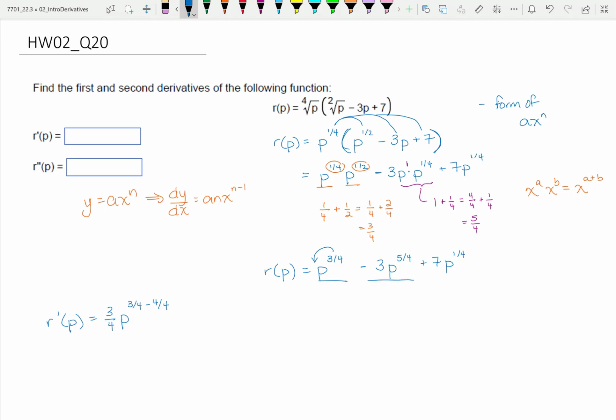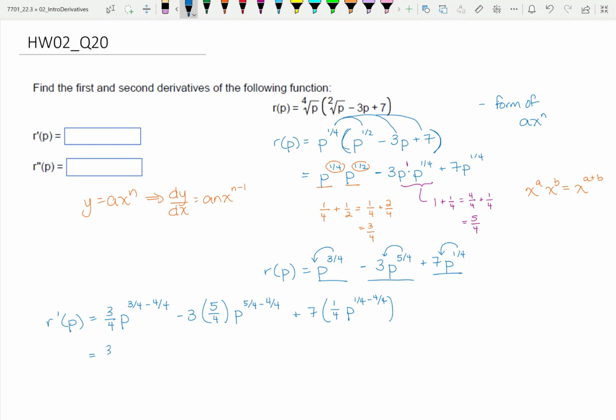For our next term here, I have negative 3, the coefficient just goes along for the ride, then I pull back that exponent, times 5/4, p to the power of 5/4 minus 1 or minus 4/4, same thing as 1. Plus 7 for our last term, the coefficient just goes along for the ride, and I pull back that exponent, times 1/4, p to the power of 1/4 minus 1, or we can write it as 4/4.